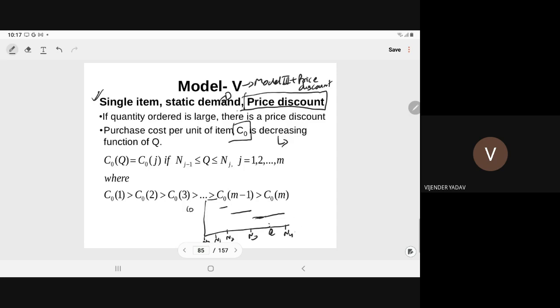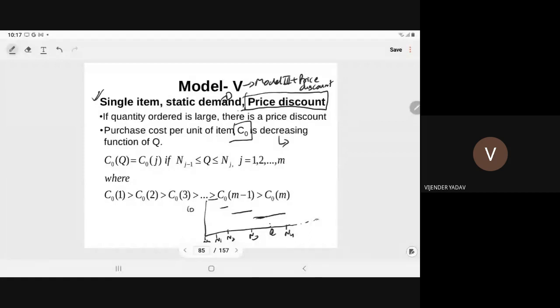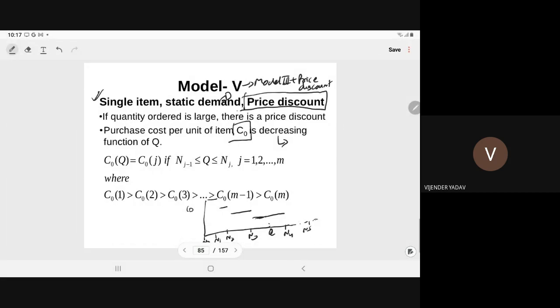And for n5, we have this cost, and after that it will continue. Here you can observe that this is the unit cost.